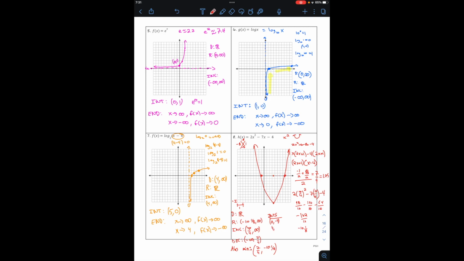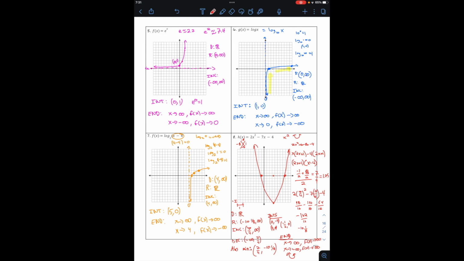We have 4, comma, 0, and we said negative 1/2, comma, 0. And then our end behavior: as x goes to infinity, f of x is off to infinity. As x goes to negative infinity, f of x is also off to positive infinity. So it's symmetrical, right? We have to go in the same direction with an even function.